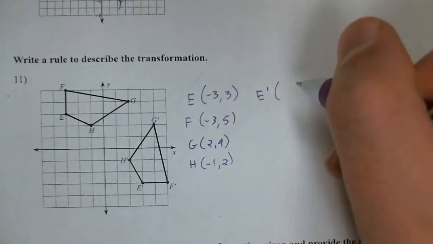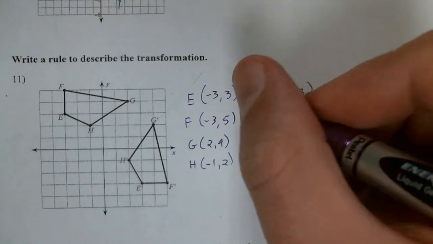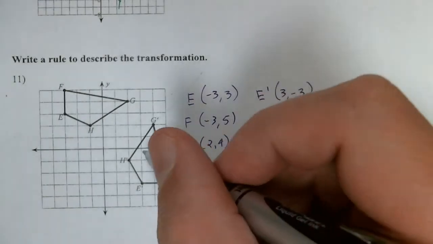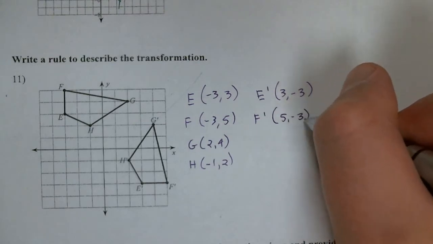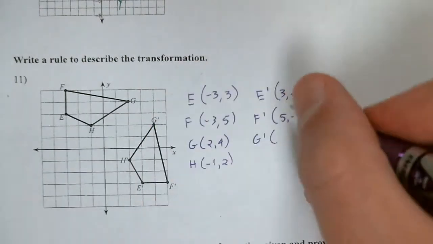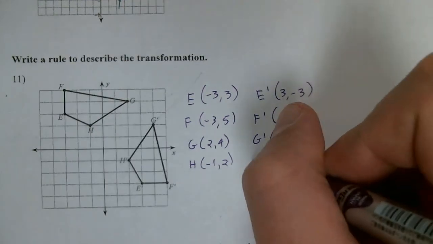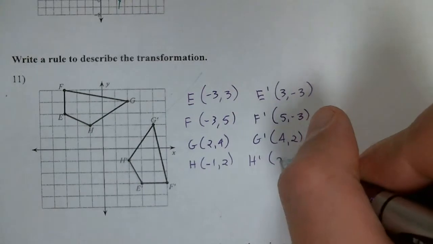E prime is right 3, down 3. F prime is right 5, down 3. G prime is right 4, up 2. And H prime is right 2, down 1.